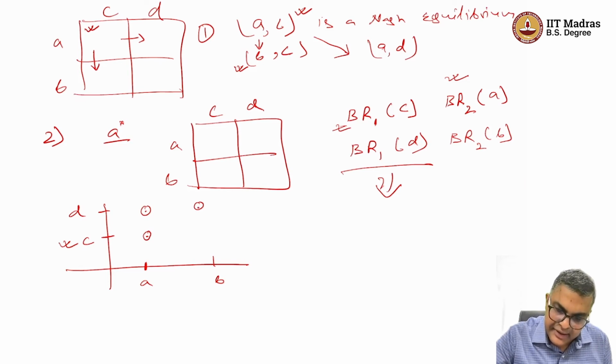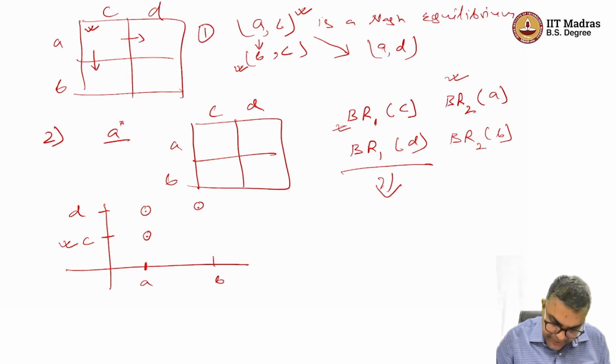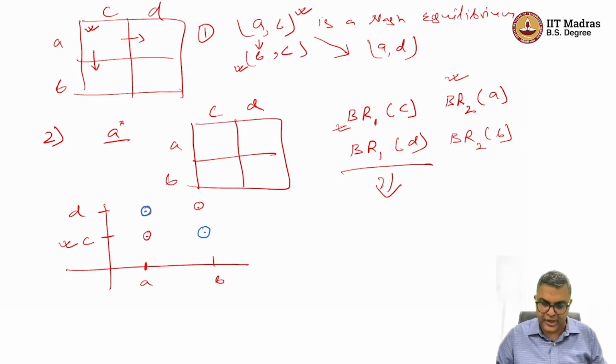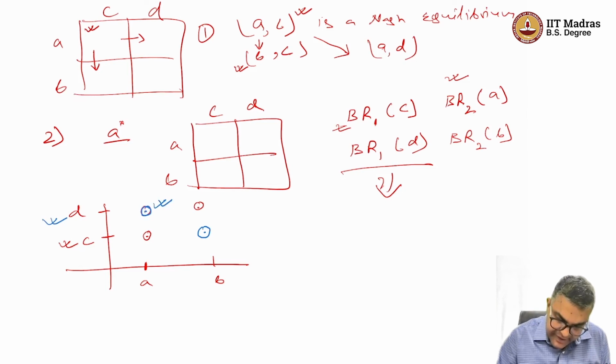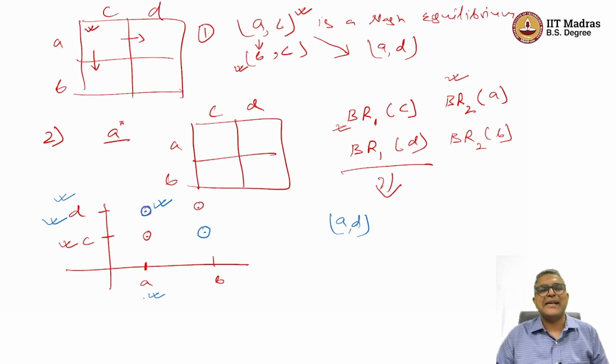In another color we can mark, when player 1 is playing A, the best response from player 2 is D, and the best response is C when player 1 is playing B. Here the best responses overlap one another. It means when you take D, the best response from player 1 is A, and when you take A, the best response from player 2 is D, and therefore A comma D would be the Nash equilibrium.